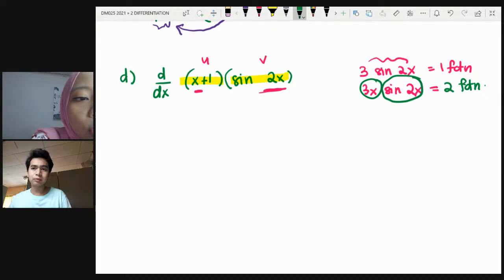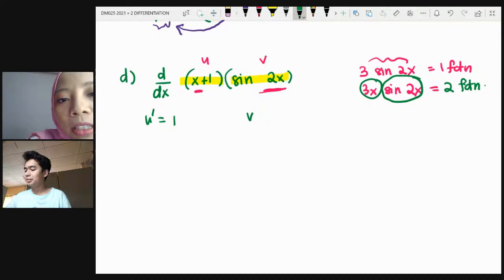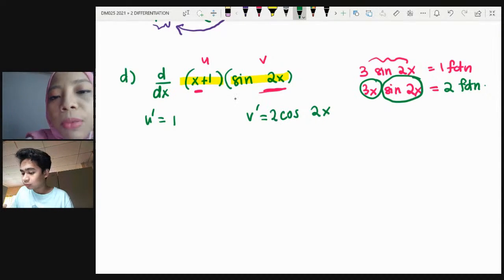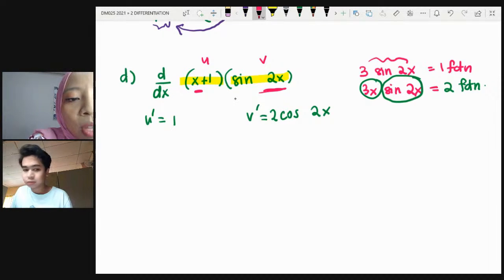So u prime is 1 and v prime is, differentiate sine will give us cos 2x, positive. And don't forget to multiply with 2 because the derivative of 2x is 2. So we substitute into our formula u v prime plus v u prime.